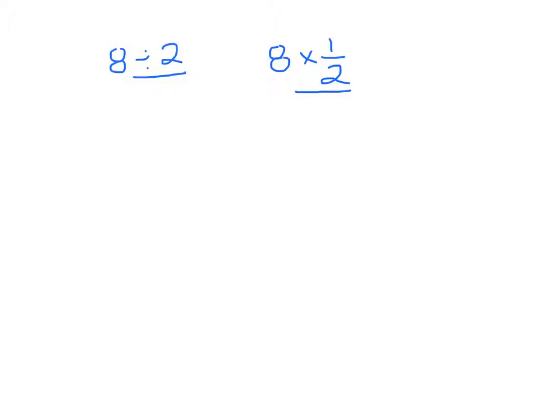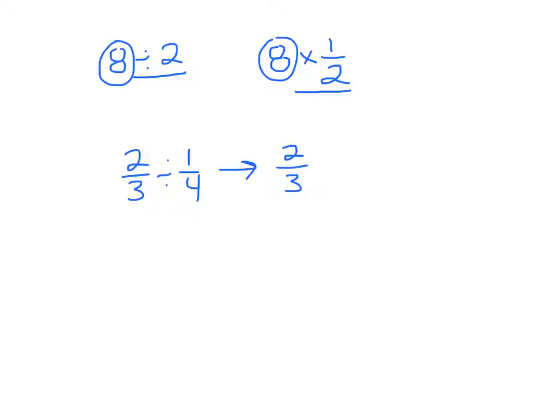So we use that whenever we divide with fractions. If I was given something like 2/3 divided by 1/4, rather than doing a division problem with fractions, I'm going to change this. I'm going to keep the very first number the same, just like I kept the first number the same here. Rather than dividing, I'm going to multiply, and I am going to invert this second fraction.